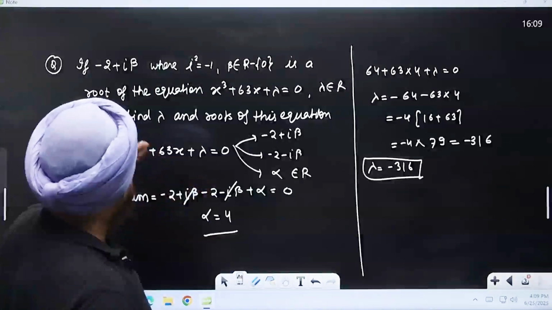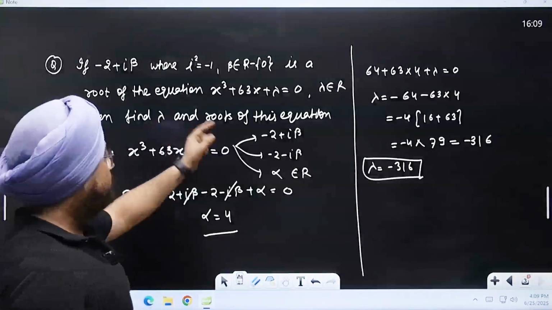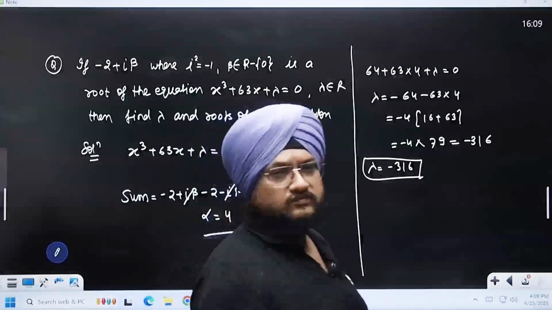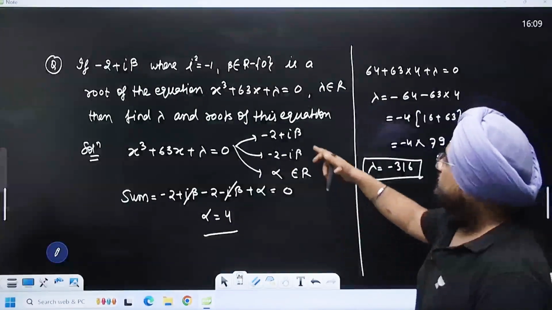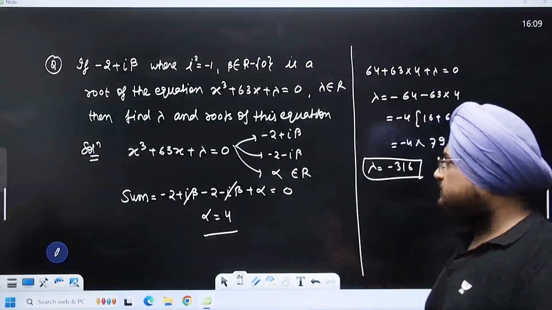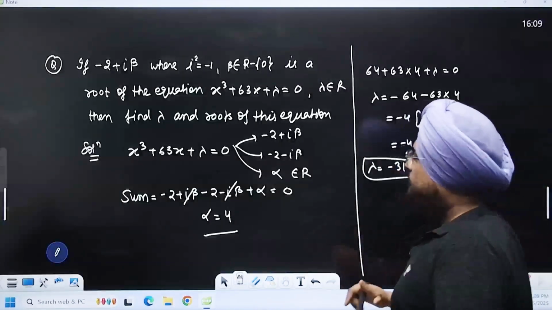So λ is equal to minus 316. One of the answers of the given problem, find λ and roots. We also need to find the roots of this equation. One of the roots has been found as 4. Now we have to find the value of β, so the other two roots will also be found.